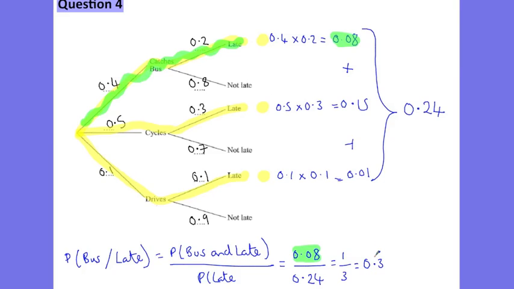So this is given she was late, work out the probability she caught the bus. In the same question, given she was late, work out the probability that she did not catch the bus.